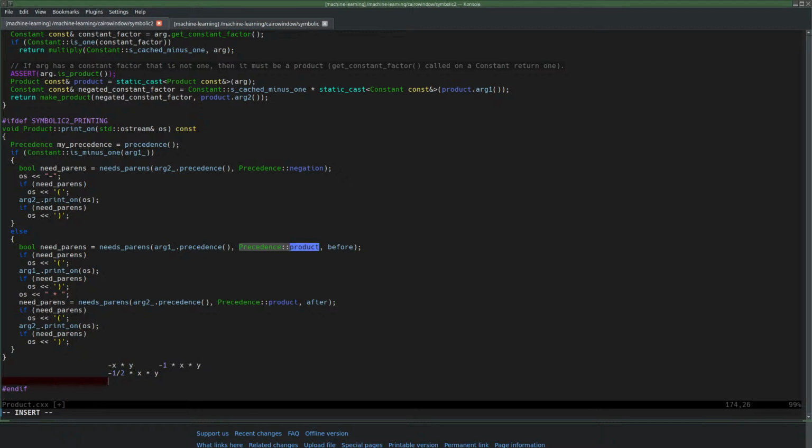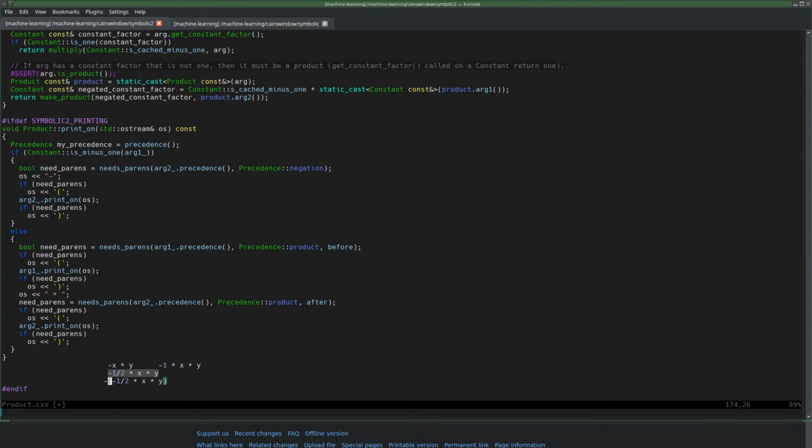And now the idea is here: what happens if I want to print a negation of a product that is negative by itself, which is only possible when it is a product that starts with a constant, like that? In that case, I need my parentheses.